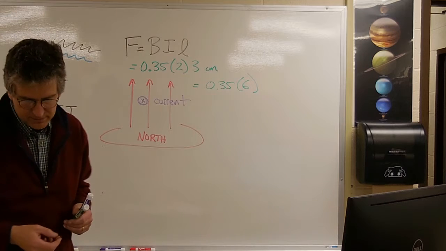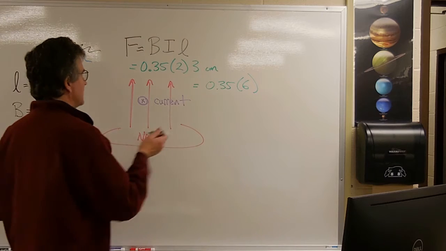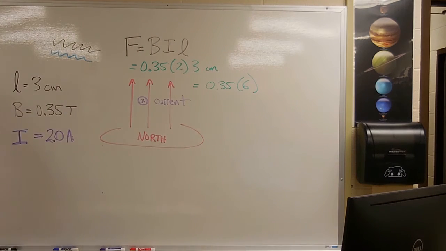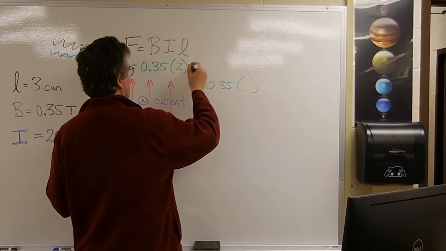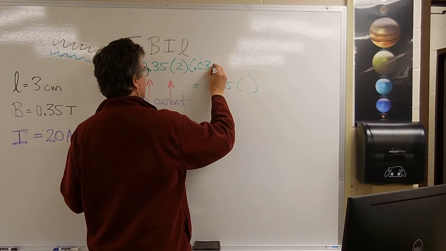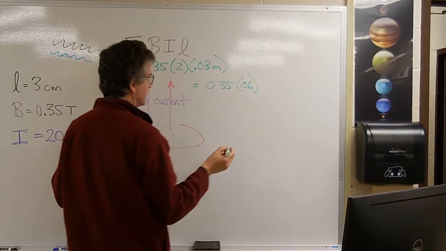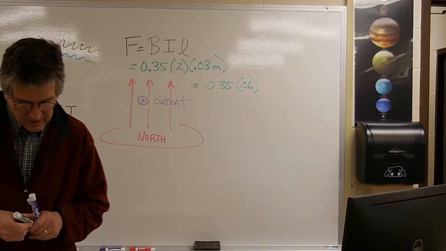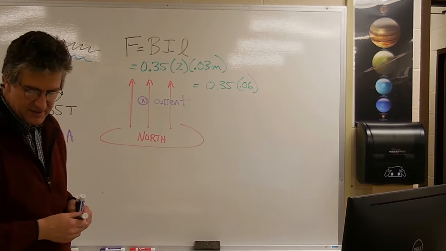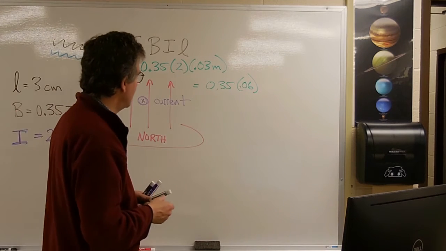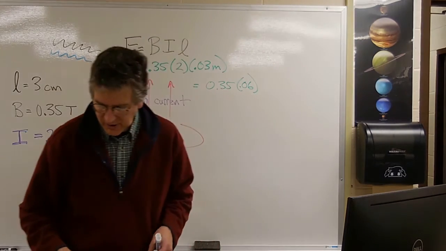Except I've screwed something up here, because 3 centimeters is 0.03 meters. So then that's 0.06. Multiply this out, and I get 0.35 times 0.06, 0.021.